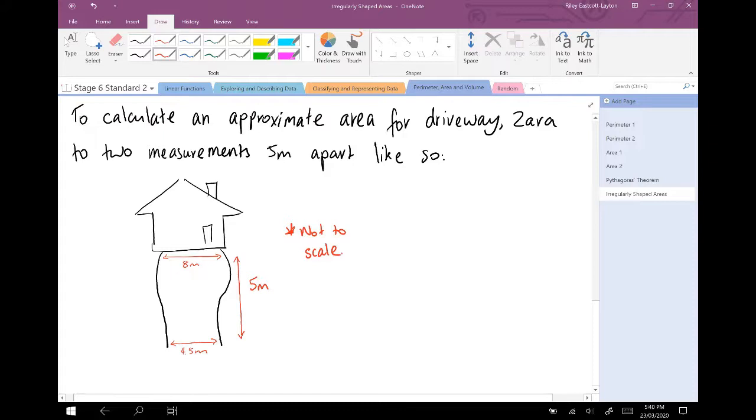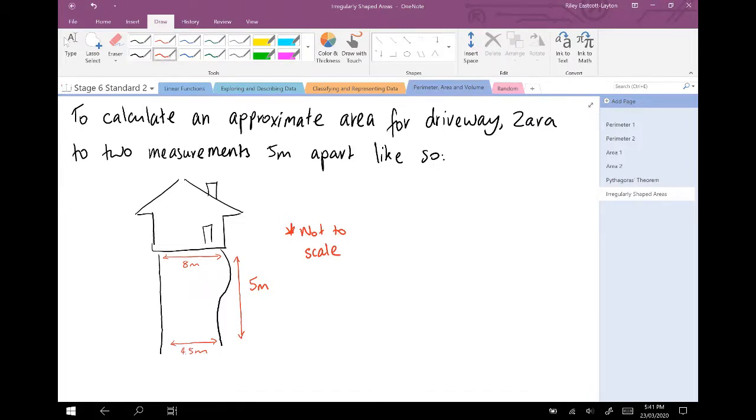So essentially, the way that we're going to approach this question is, as we've been talking about, we need to turn it into a trapezium. And our trapezium is going to look like so. For the sake of keeping this question doable, that's going to be a straight line. That will make it a little bit easier for us.